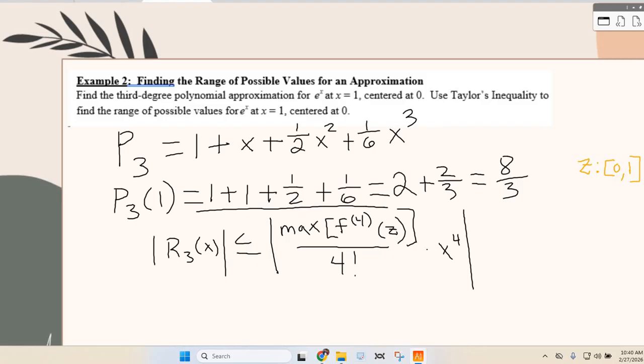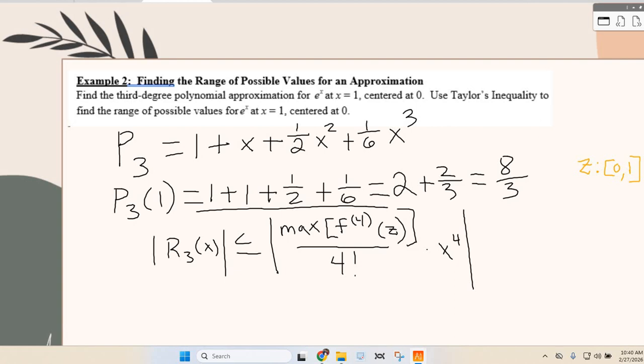Z is just a representation for some value in between 0 and 1. But we can't use x because x is already represented by our p of x, and that represents a different value because x is what I'm plugging in for my approximation value. So that's why we use a different variable of z. We don't have to find z, we just have to know where z lives. So z lives in 0 to 1.